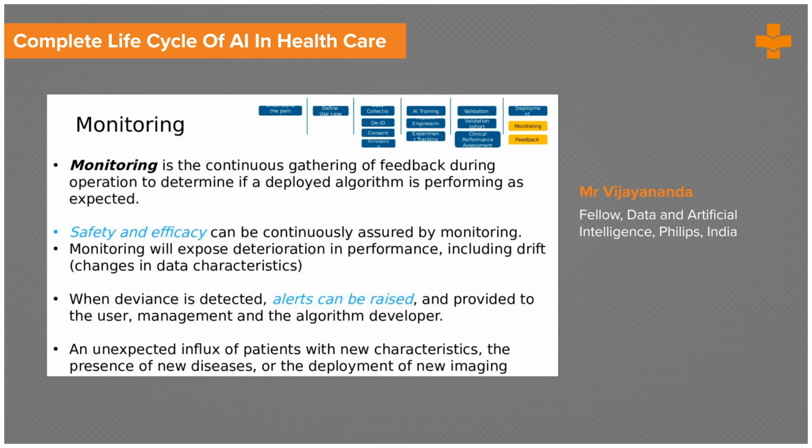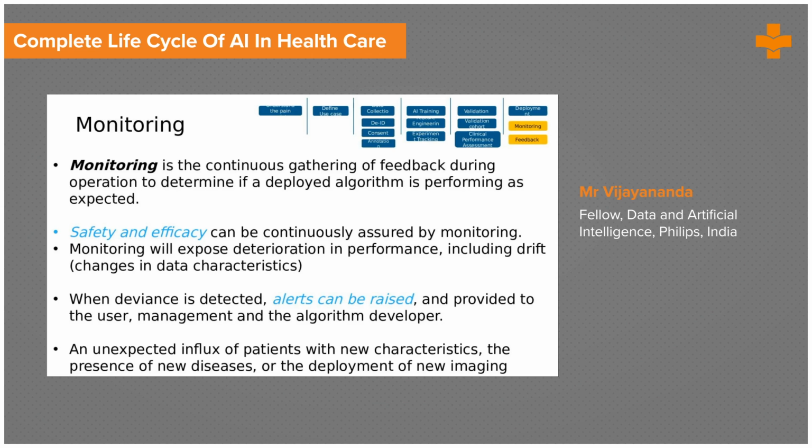There is a continuous gathering of the performance of the algorithm, and we look at whether it is performing as per the thresholds that we have set. This is a very important aspect to ensure that the safety and efficacy of the algorithm is maintained.